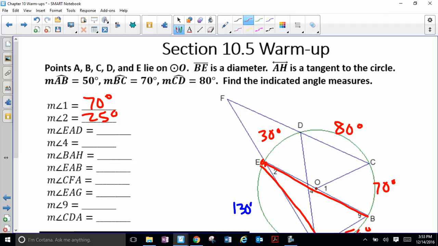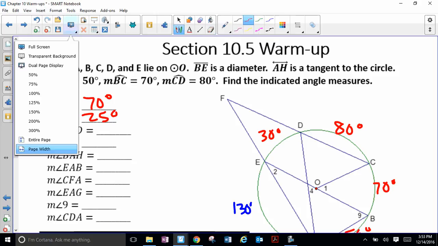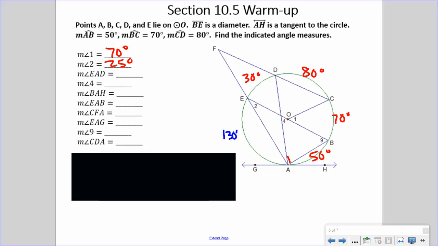Okay. All right. On the next one, we need angle EAD. Angle EAD right here. So the vertex is on the circle. So its arc is 30 degrees. So 30 divided by 2 is 15 degrees.